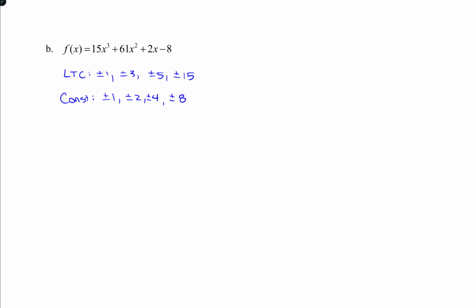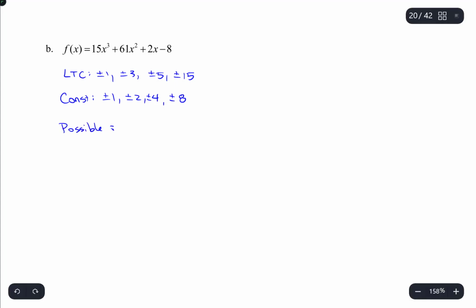All right, so my possible rational zeros here. Let's see. I'll start with 1 and divide, put that constant value in the numerator with all the leading term values in the denominator.